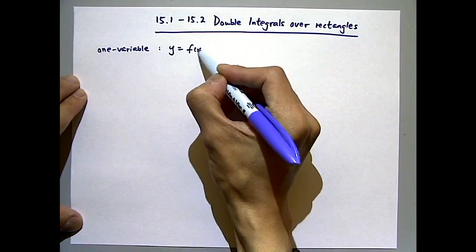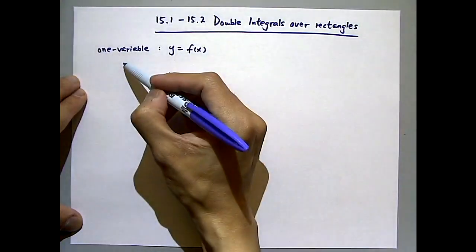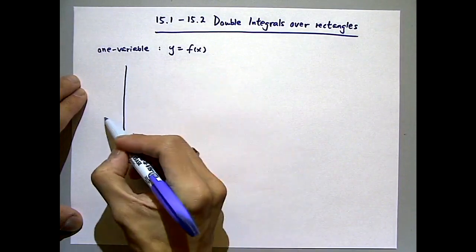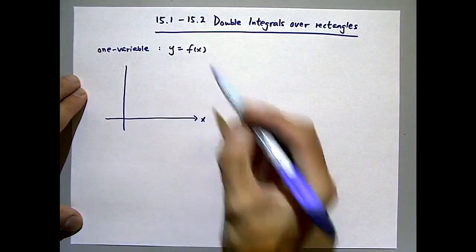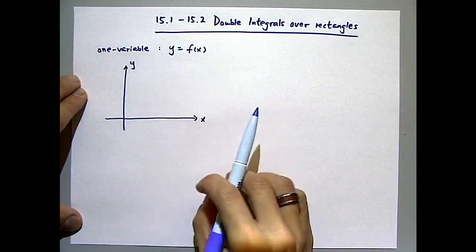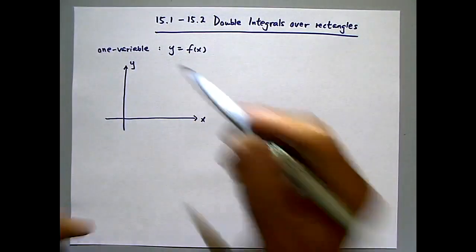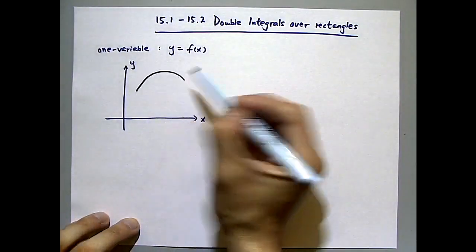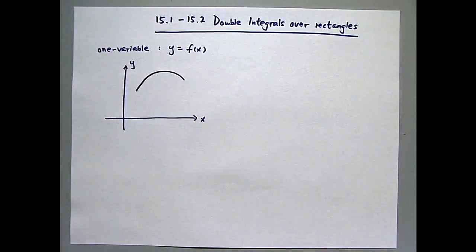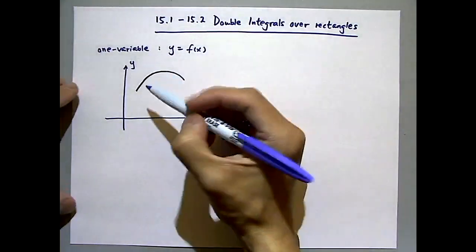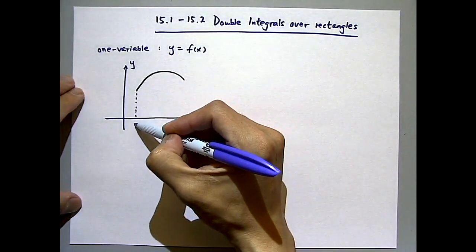You remember that if you have a function of one variable, y is equal to f of x, and let's say it looks something like this. Suppose we wanted to find the area under this curve from A to B. You remember this problem?